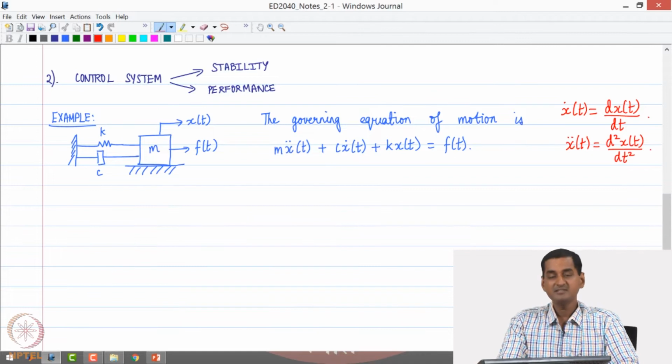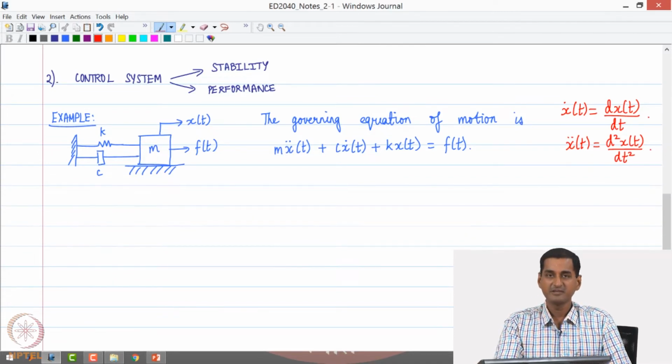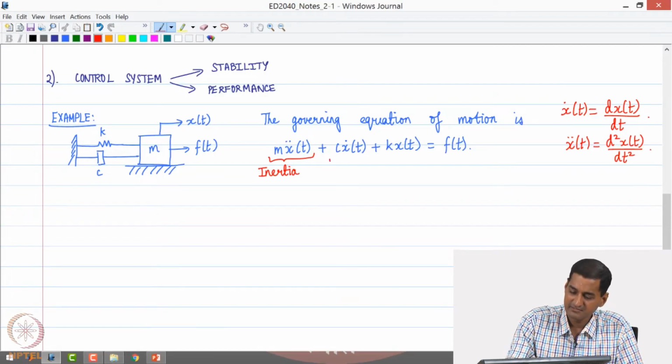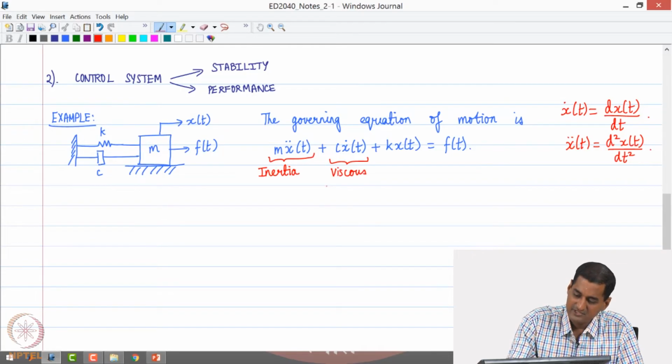This is the governing equation for this mass spring damper system. As we know, m x double dot characterizes the inertia effects that occur in the system. c x dot corresponds to the viscous dissipation that happens due to the presence of a damper.